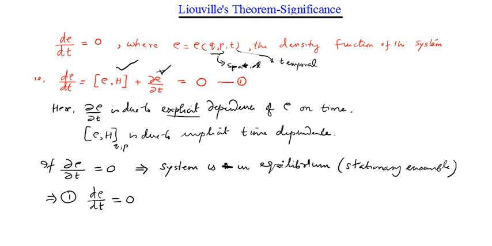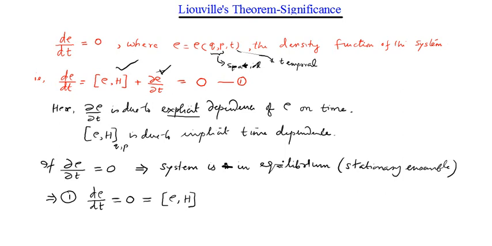So I write equation number 1 again, putting the 0 on the other side, so that you can see that dρ/dt is always 0 for any given ensemble. That is simply equal to the Poisson bracket of ρ with H, because ∂ρ/∂t is assumed to be 0.